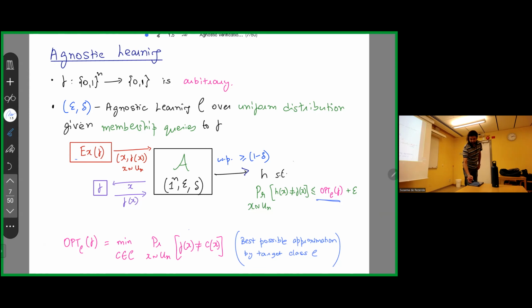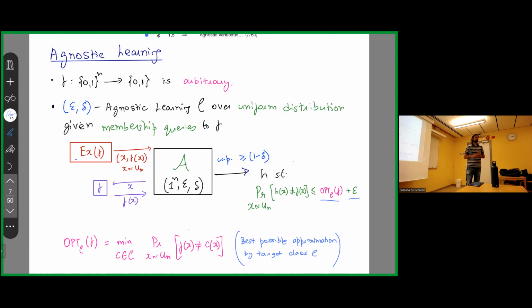It's the minimum value over all functions in C, which produces the best possible approximation of the underlying function. And you just want to produce something which is the best possible approximation plus epsilon.